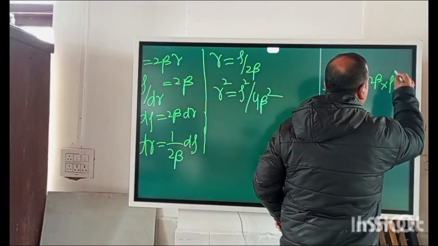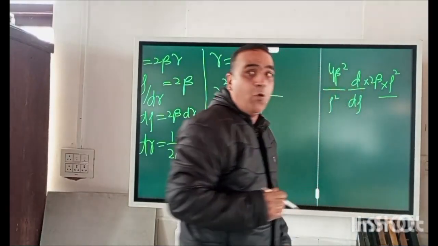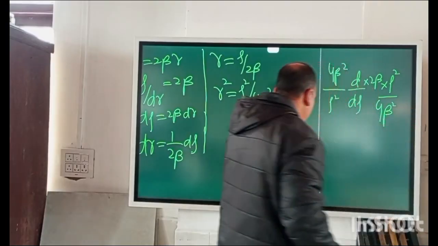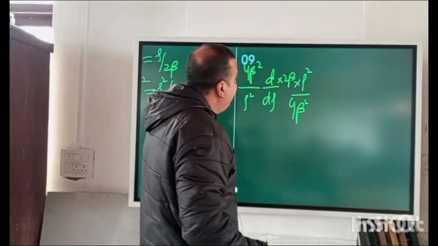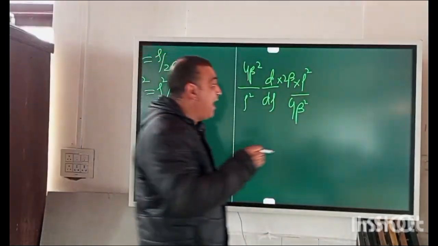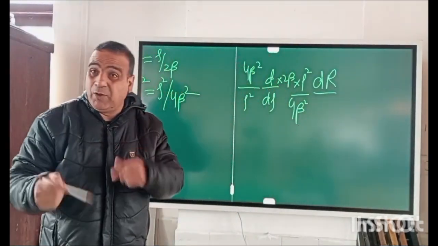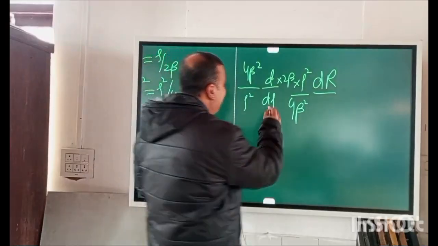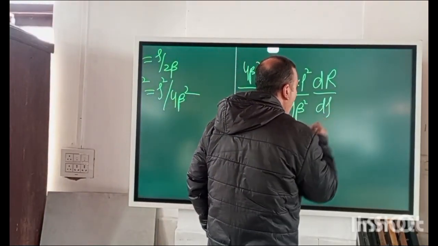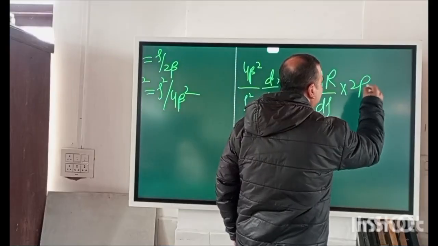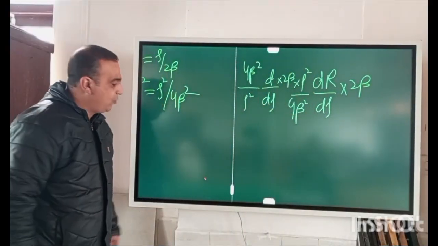It is rho square by 4 beta square. Very good. Then I have d capital R by dr. Change that. What is dr? It is d rho divided by 2 beta, but that 2 beta will be multiplied. Is this clear? Go on now.